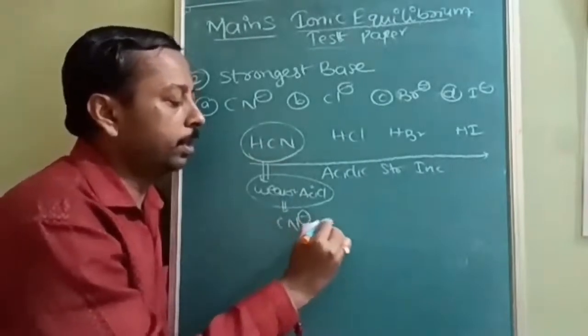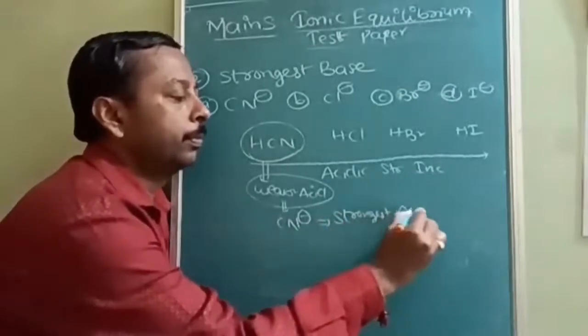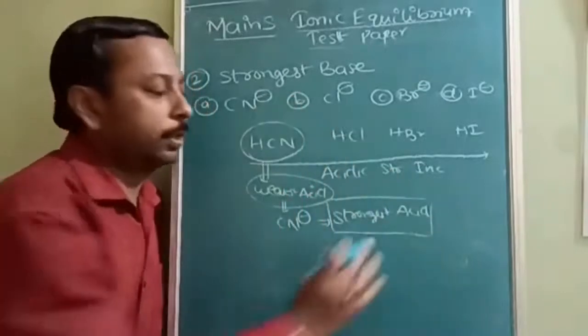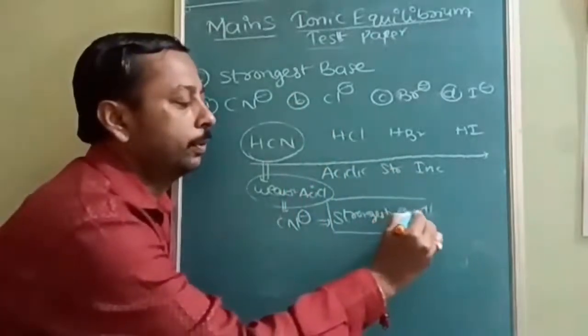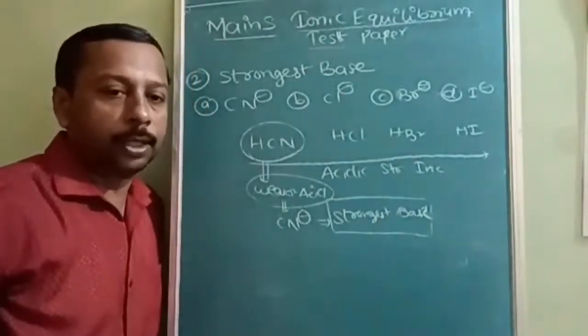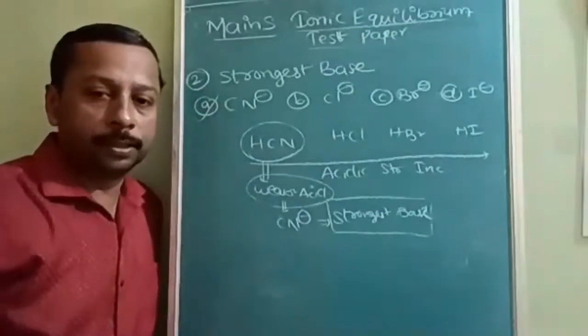What is it? CN minus is the strongest base. If the acid is weak, the conjugate base is going to be the strongest. So the answer to this question is the first option, that is CN minus. Is it understood?